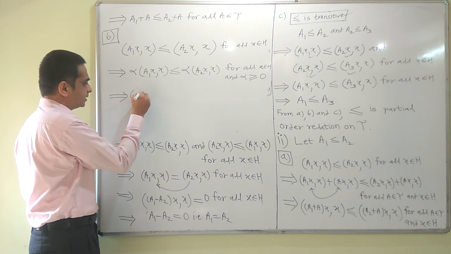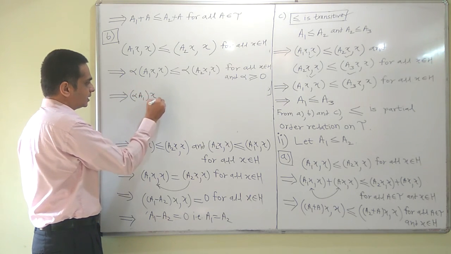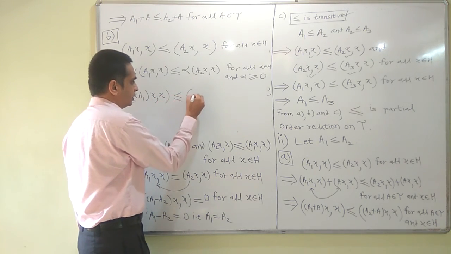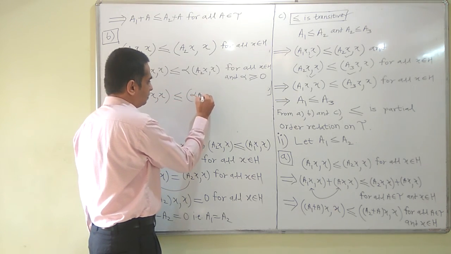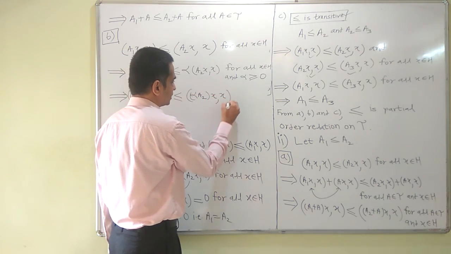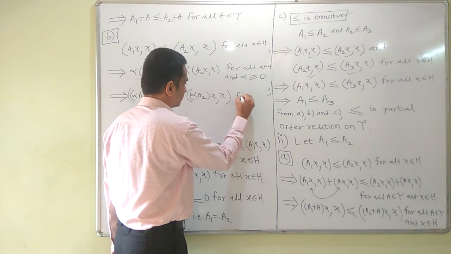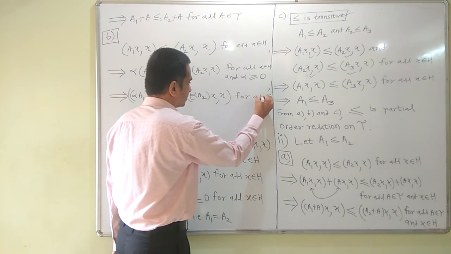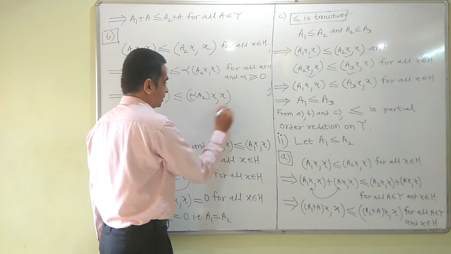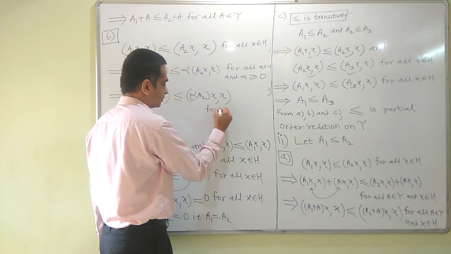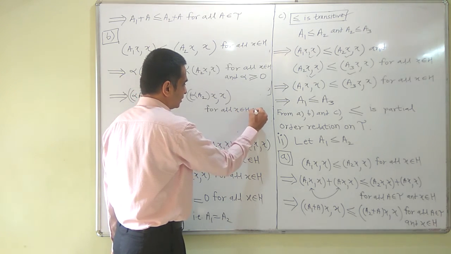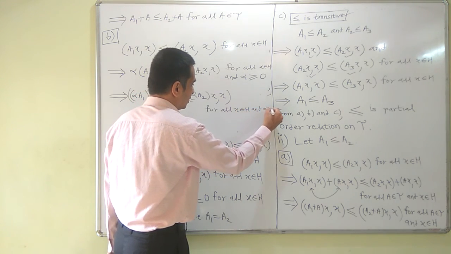So I could write it as the inner product of alpha A1x and x is less equal to the inner product of alpha A2x and x for all x belongs to H and non-negative alpha.